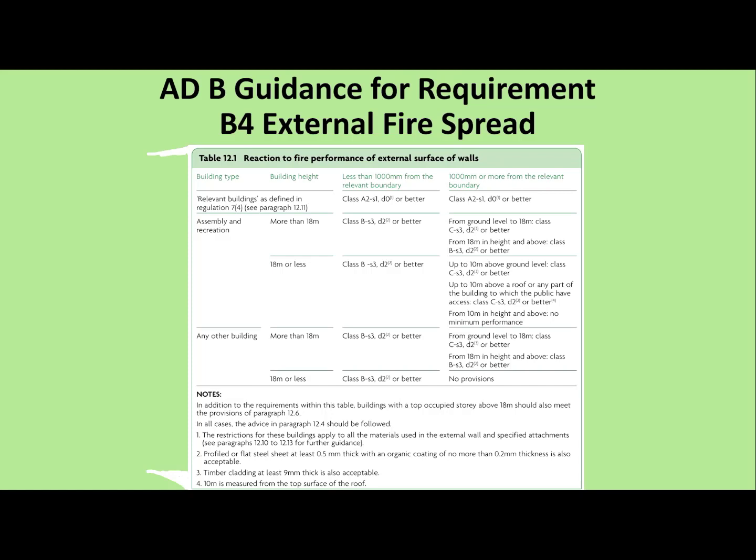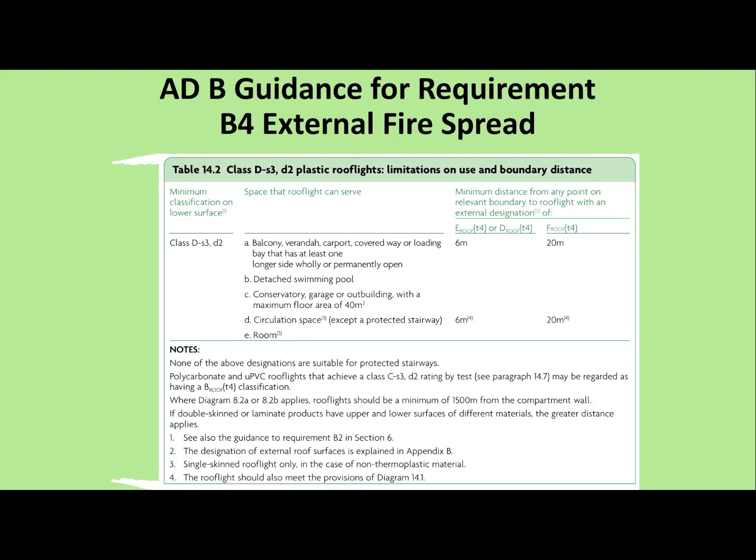It wouldn't pass the non-combustibility test, etc. And if the building is any other building, more than a metre away from the boundary, and more than 18 metres high, then it can be Class C. And if it's less than 18 metres high, then there's absolutely no provision. So there's a couple of examples of the rules in relation to B4.